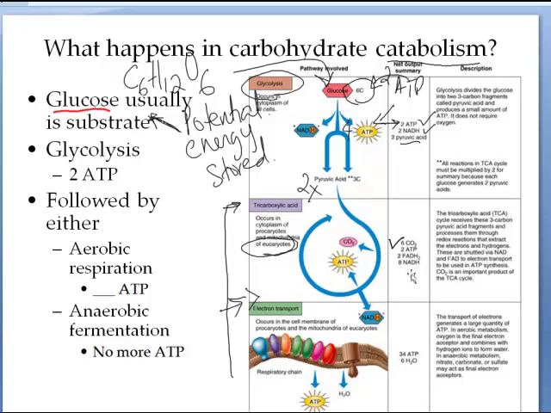It's a cyclic reaction in which pyruvic acid enters the tricarboxylic acid cycle in the form of acetyl coenzyme A, and acetyl coenzyme A will enter this chain of events.